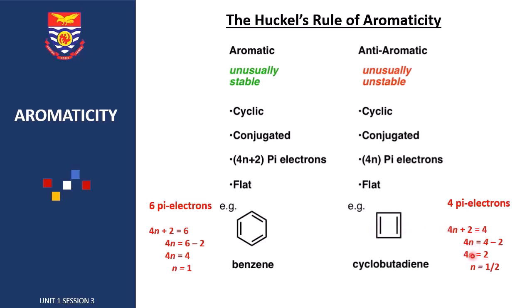Following this equation, we will end up having n equals 1 over 2. However, if you look at benzene, benzene has 6 pi electrons, 2, 4, and 6. Using the 4n plus 2 equation, you will end up having n equals 1 for benzene. Since n is an integer, benzene is referred to as an aromatic compound, and cyclobutadiene is not an aromatic compound.